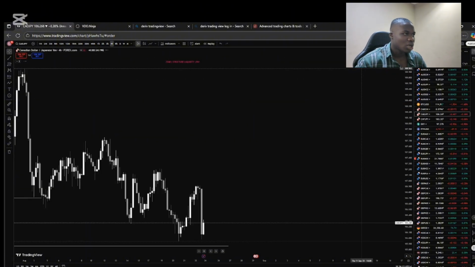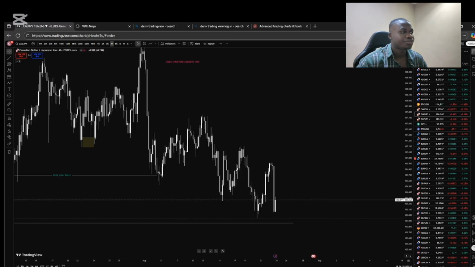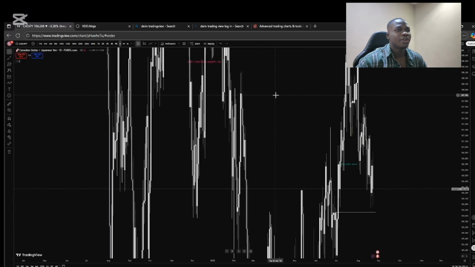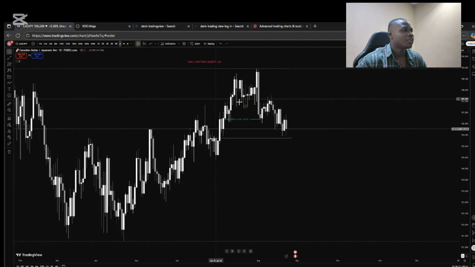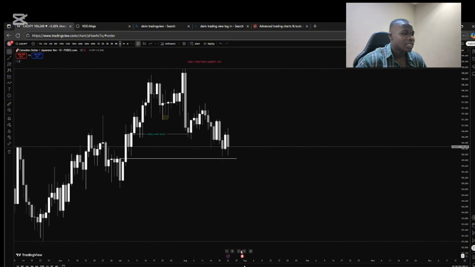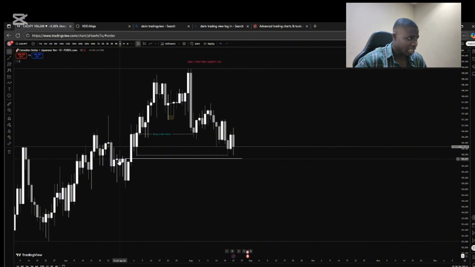So now CAD JPY. This is the daily time frame. What we are currently seeing is price is taking this as liquidity right here, and we are seeing this unmitigated daily order block.